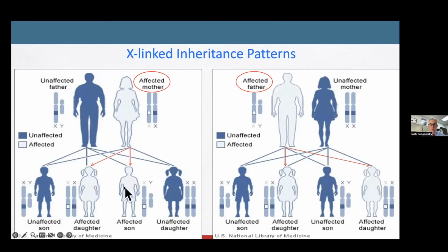So kind of a 50-50 risk for having an affected daughter or an affected son. But if the father's affected, because he passes on his Y chromosome and not his X chromosome, the boys would not be affected, whereas the girls would always end up getting the affected gene.